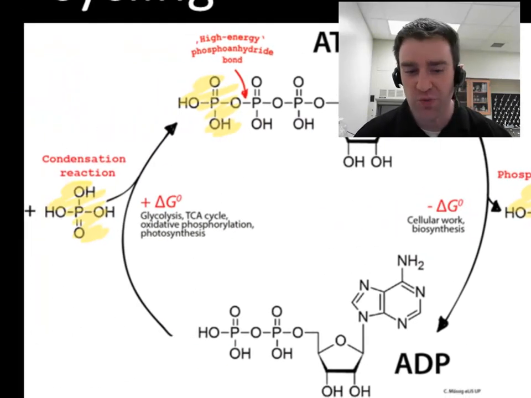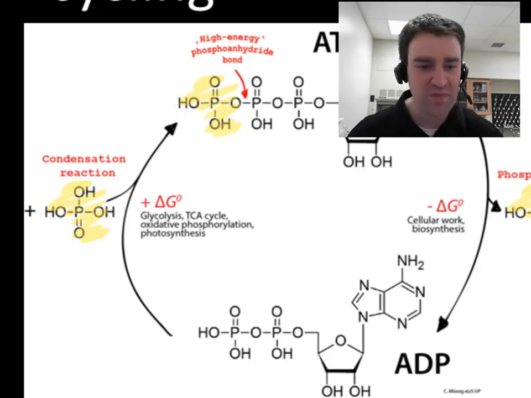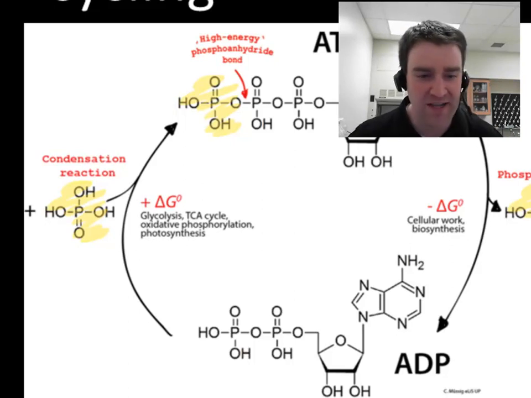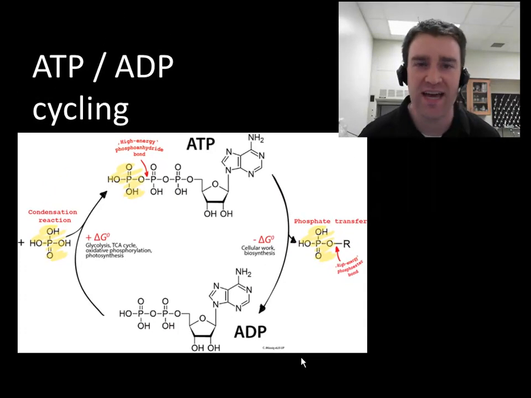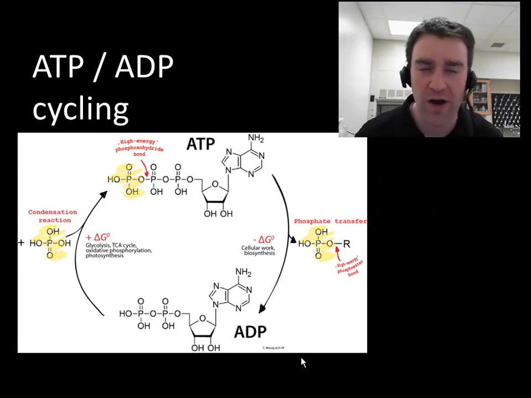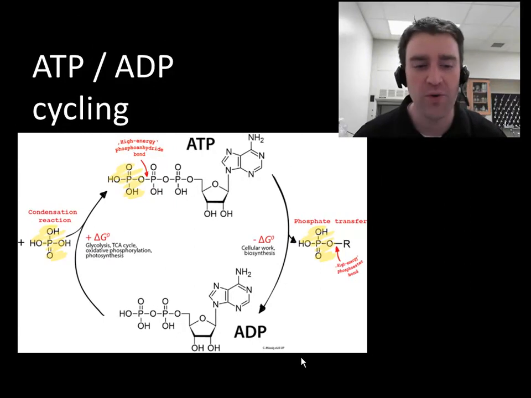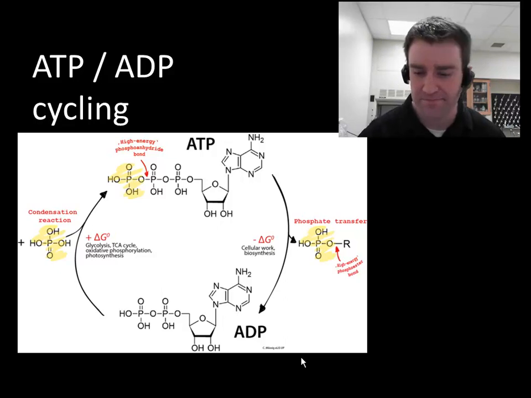And when we want to recharge ADP by sticking the phosphate back on, we can do that, but we've got to have other processes occur that deliver the energy needed to make that happen. All of these are pretty fancy words that we're going to see later in Chapter 9 and Chapter 10, but for the most part we can think of it as cells have to cut up sugars or other things like fats in order to release the energy needed to stick the phosphate back on.